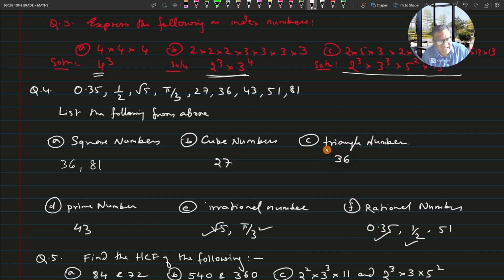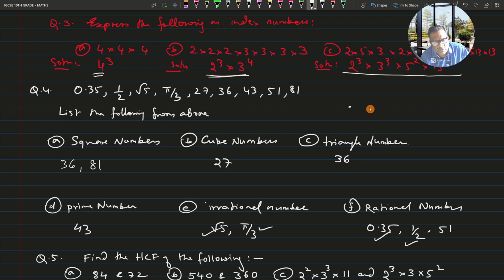Now, what are these triangle numbers, I will tell you right now so that you understand why 36 has been put into triangle number. Just consider this pattern. This is one dot.